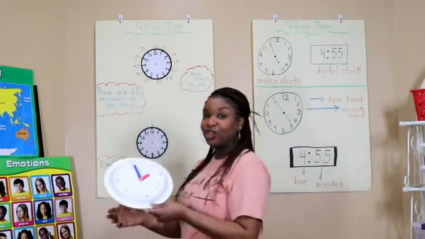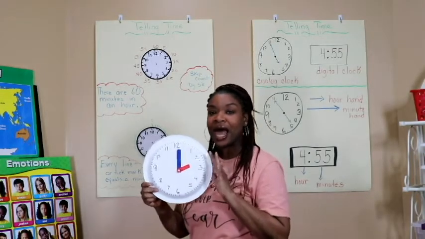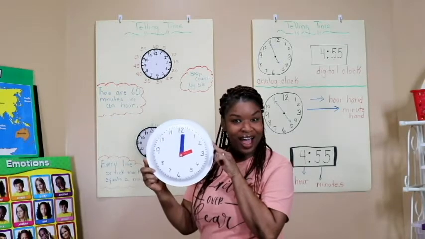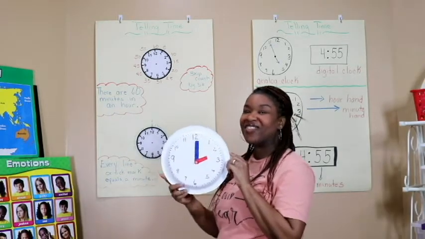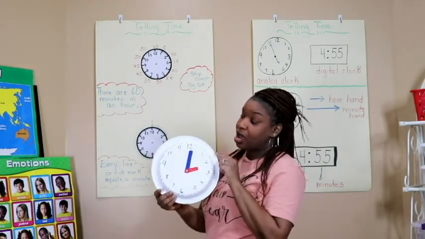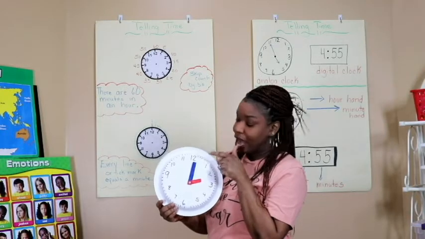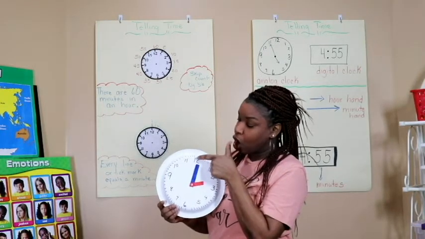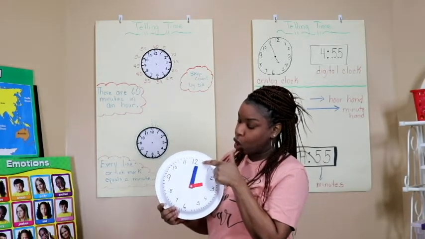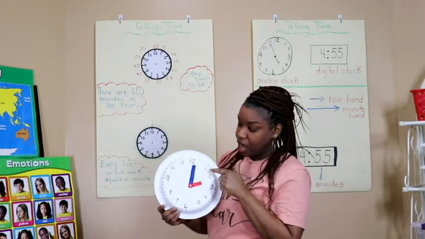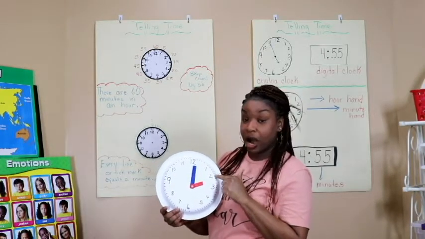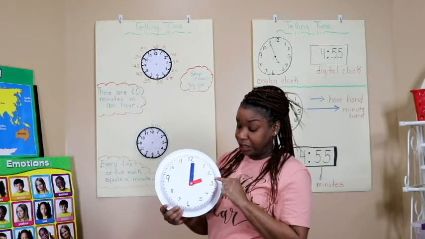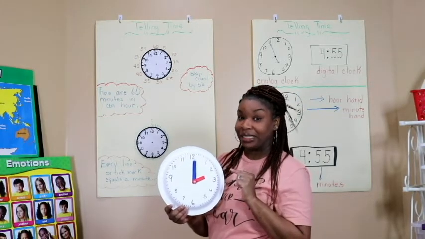Now, I'm going to use my trusty paper plate clock, which is an analog clock, and we're going to identify a tick mark. Now, on a clock, there are lines going all the way around the clock. These are called tick marks. The tick mark represents each minute.